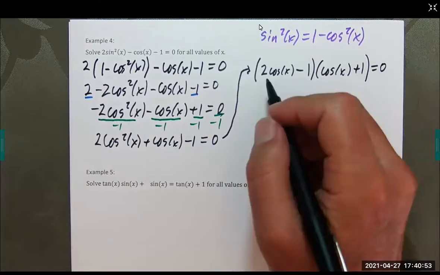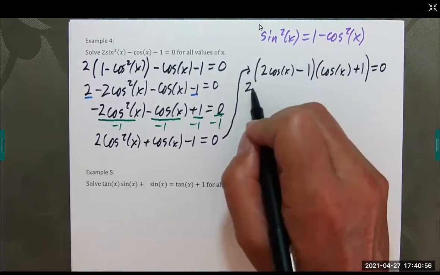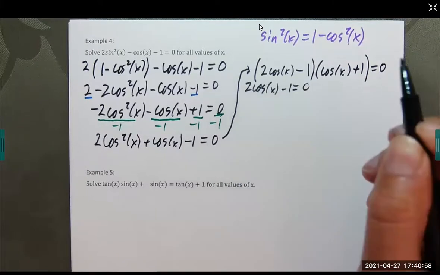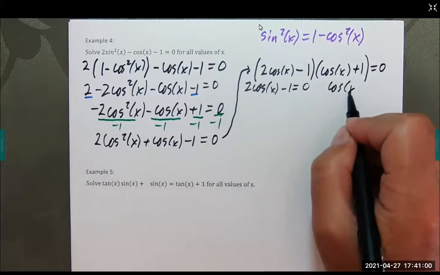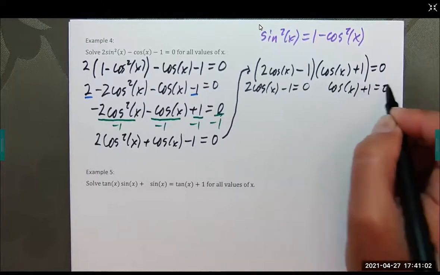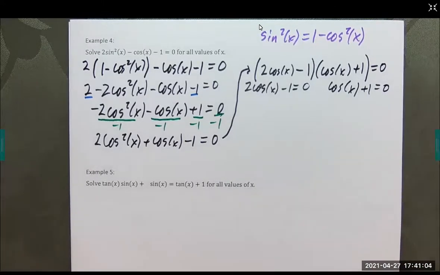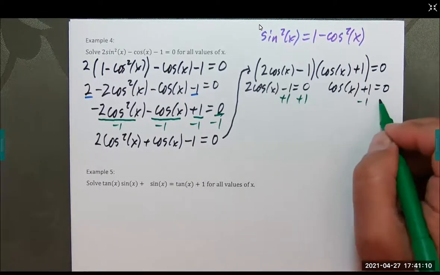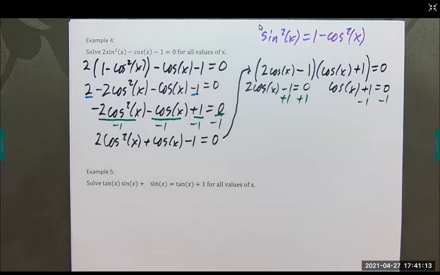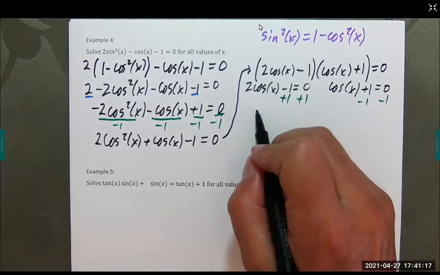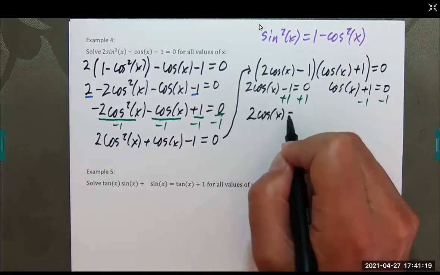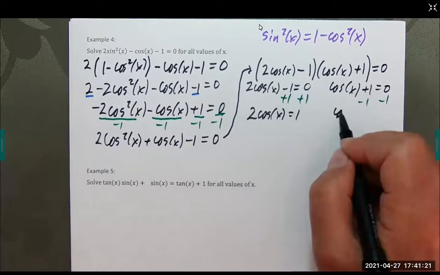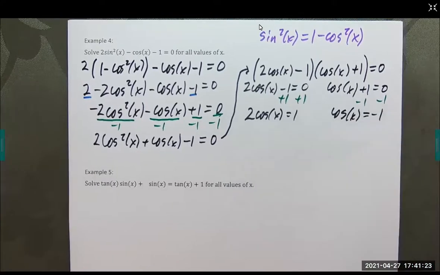So here I have 2 cosine x minus 1 equals 0, and cosine x plus 1 equals 0. So 2 cosine x equals 1, cosine x equals -1.